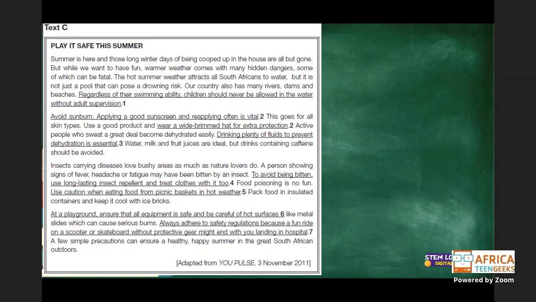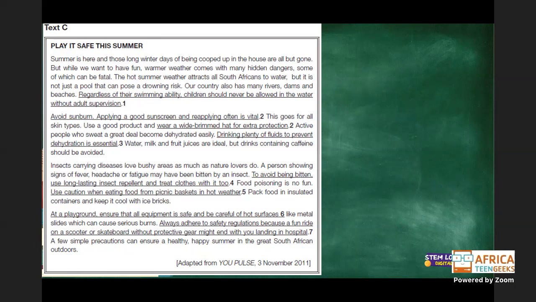2011. So, as you've seen, we've underlined the main points and it's all 7 points. Okay. Right. So step 1, we've read the question. The question was: the summer holidays are approaching. You have been asked to write a list of 7 safety tips for this period.